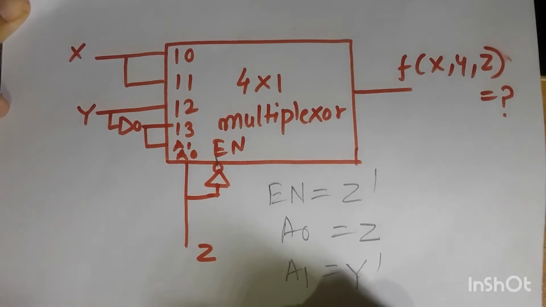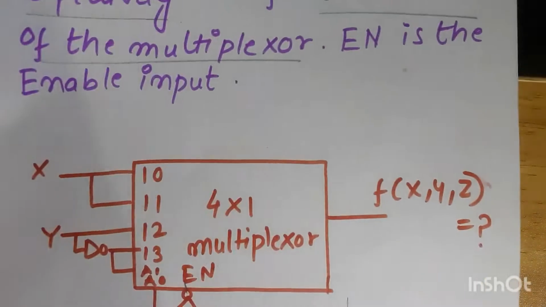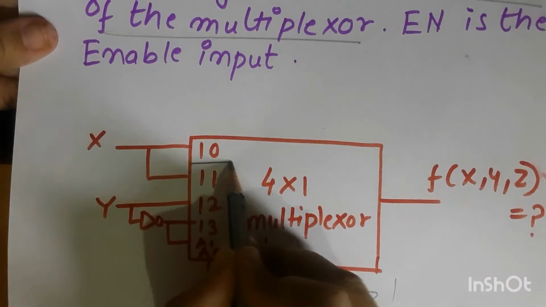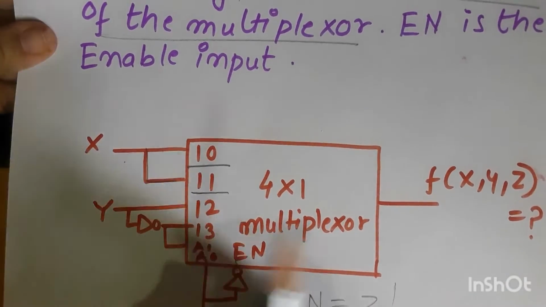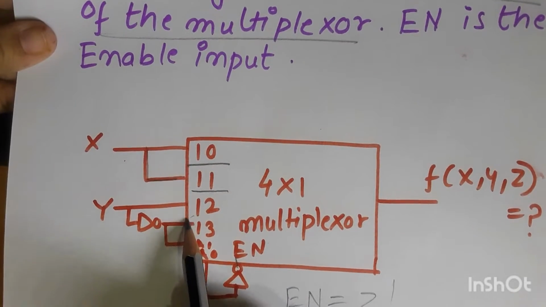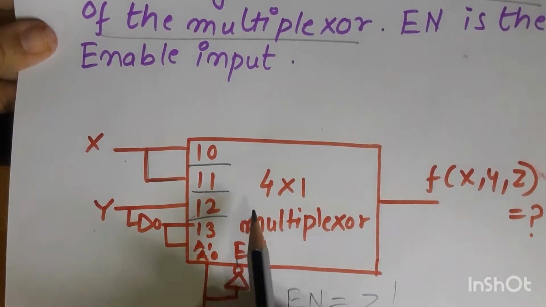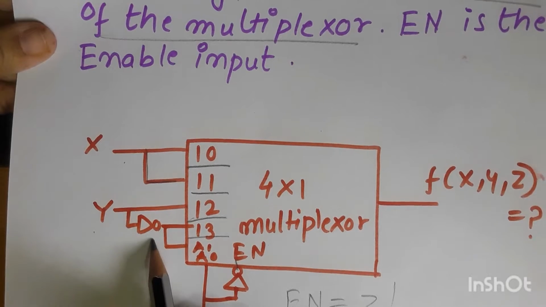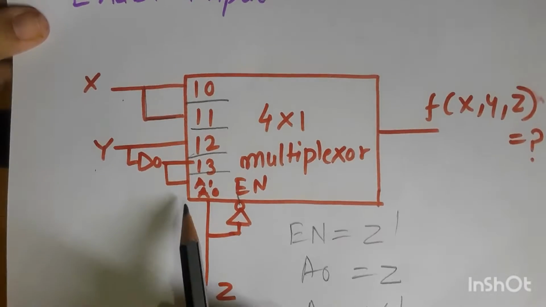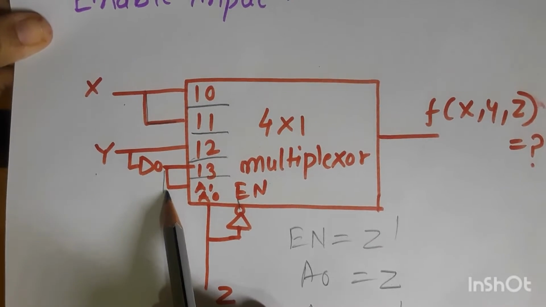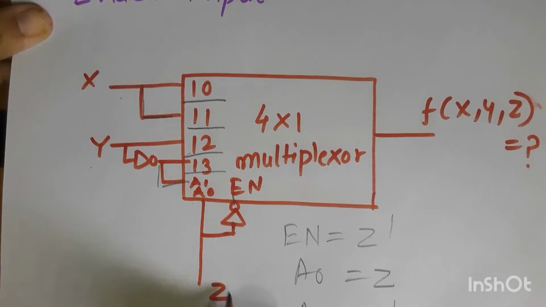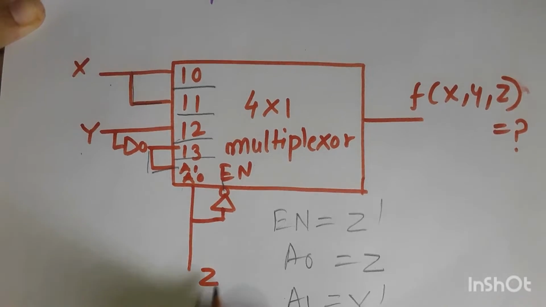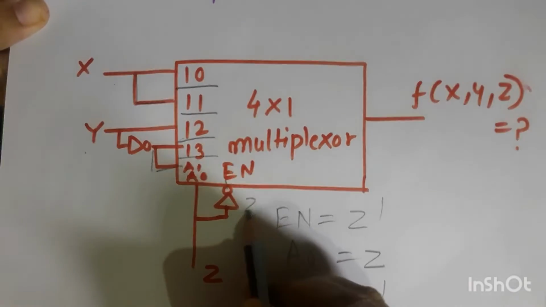I2 is equal to Y. I0 is tied to X, I1 is tied to X also, I2 is tied to Y, I3 is tied to Y bar, A1 is tied to Y bar and A0 is tied to Z, and En is tied to Z bar.